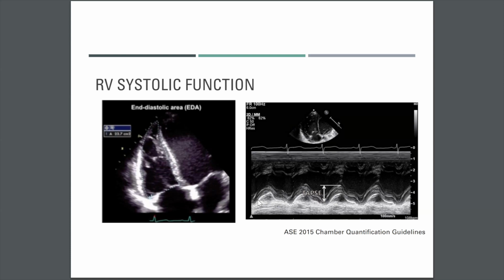In those cases, the next best option is to do a fractional area change, where we trace the RV endocardial border, including all the trabeculations, the papillary muscles, or moderator band at end diastole and end systole to give you a fractional area change. But again, this is highly limited by image quality and also how the image angles are acquired. But it can overall give a good estimate of RV systolic function.